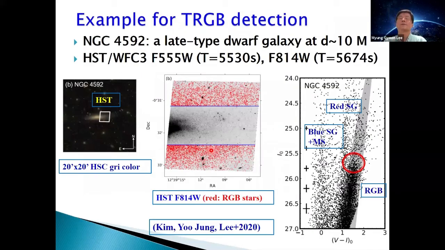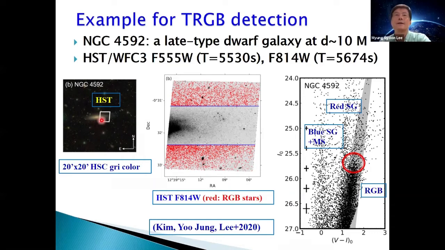Okay, so this is an example for TRGB detection. First of all, let me show this color image of this galaxy. This galaxy is not at all exciting or fantastic. It's one of the typical small, faint dwarf galaxies located at a distance of about 10 megaparsecs or so.